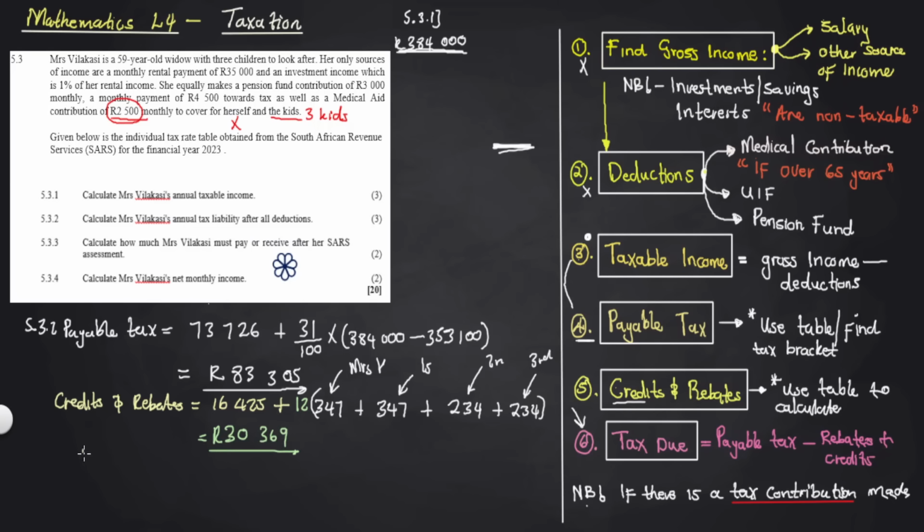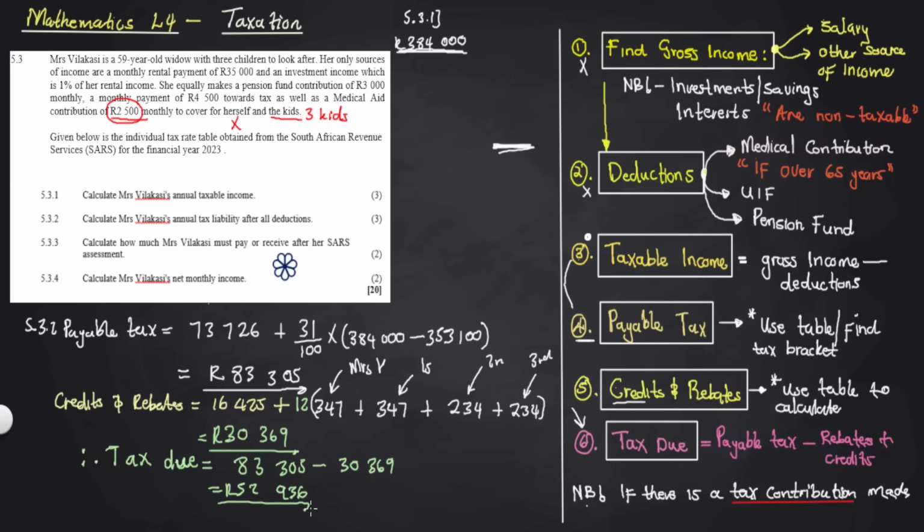Now step number 6, tax due. This is equal to 83,305 minus the credits and rebates, which is 30,369. 83,305 minus 30,369 is 52,936.